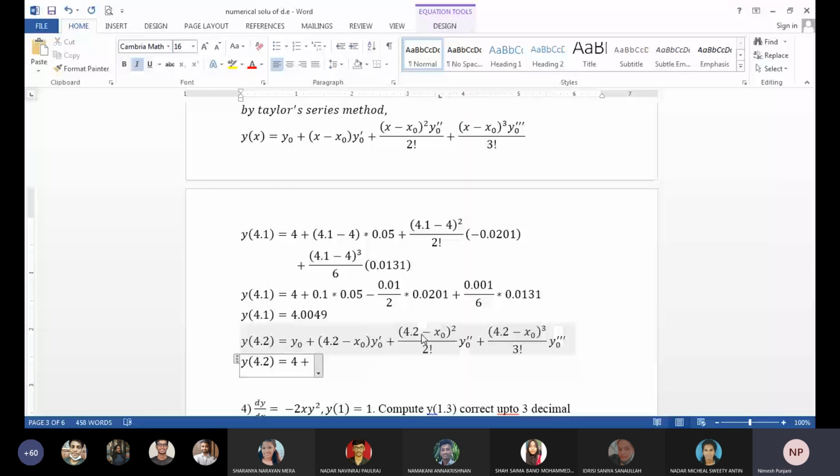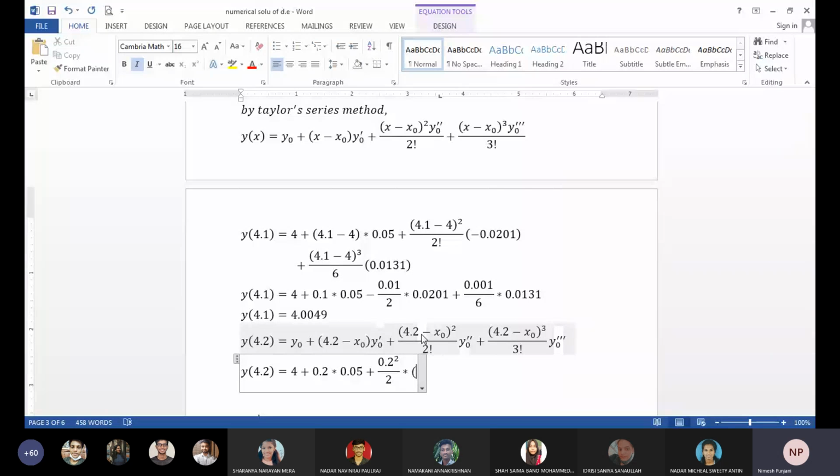So it is 0.2 multiplied by y0 dash, that is 0.05, plus 0.2 ka square divided by 2 multiplied by y0 double dash, that is minus, plus 0.2 ka cube divided by 3 factorial. 3 factorial is 6, multiplied by y0 triple dash.